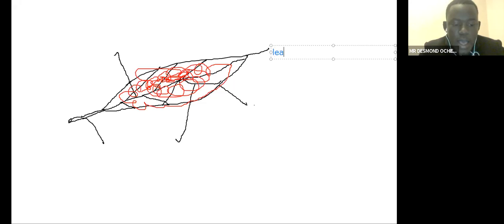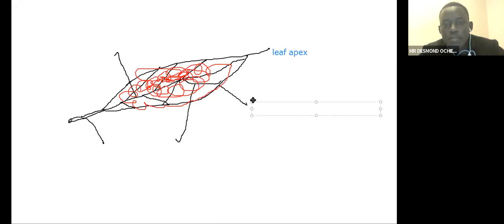Okay, if you look at this diagram here, I know it may not be very clear to some people, but I will try and highlight the parts. We have this part here, this is called the leaf apex. Then we have this part here.